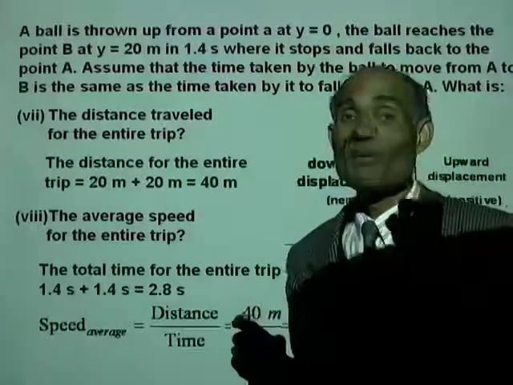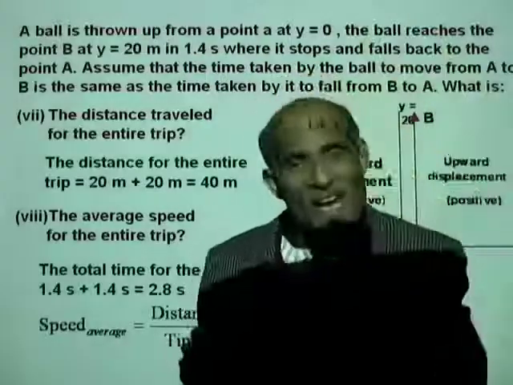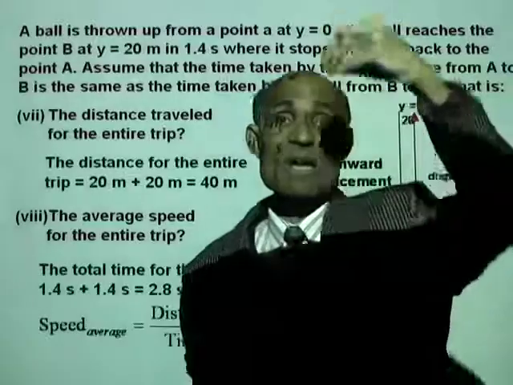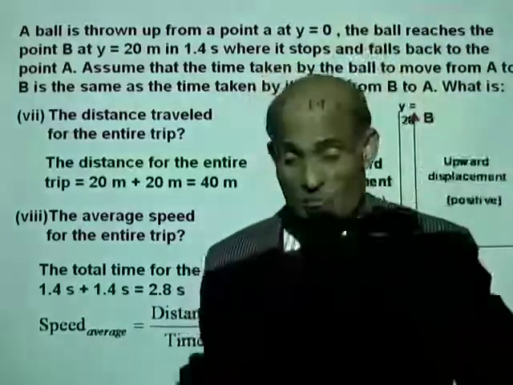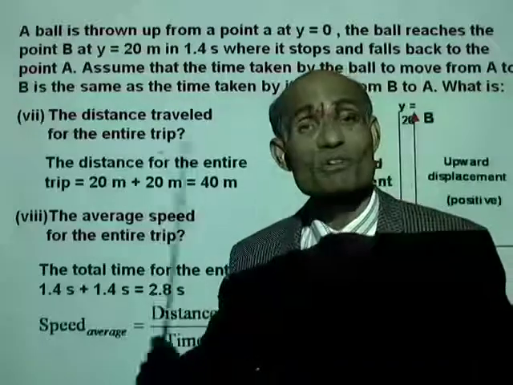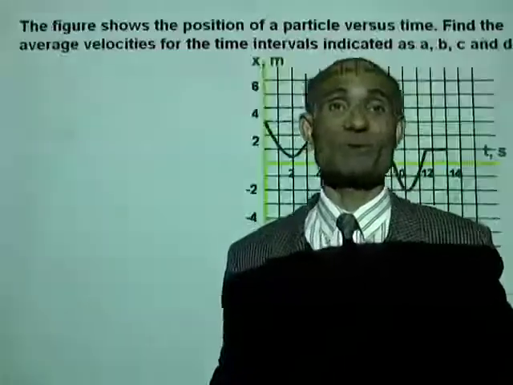Whereas for the entire trip, the change in position is 0. It started at point A and it came back at point A. The displacement is 0, therefore the velocity also is 0.